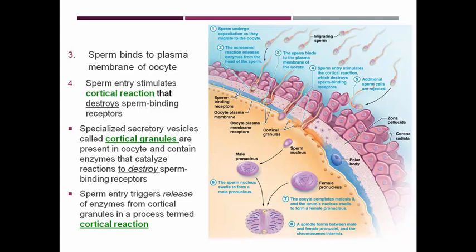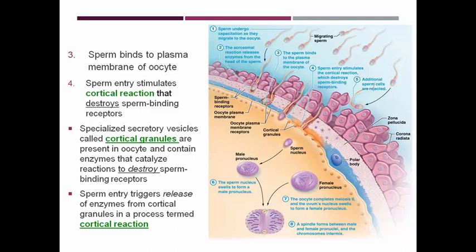One reason is because the membrane has reverted its charge around the egg, and then also this cortical reaction begins to happen where it literally creates a blockage to the other sperm by destroying those receptor sites. So you can notice in the diagram these specialized secretory vesicles that are called cortical granules, and they show those there in the membrane.